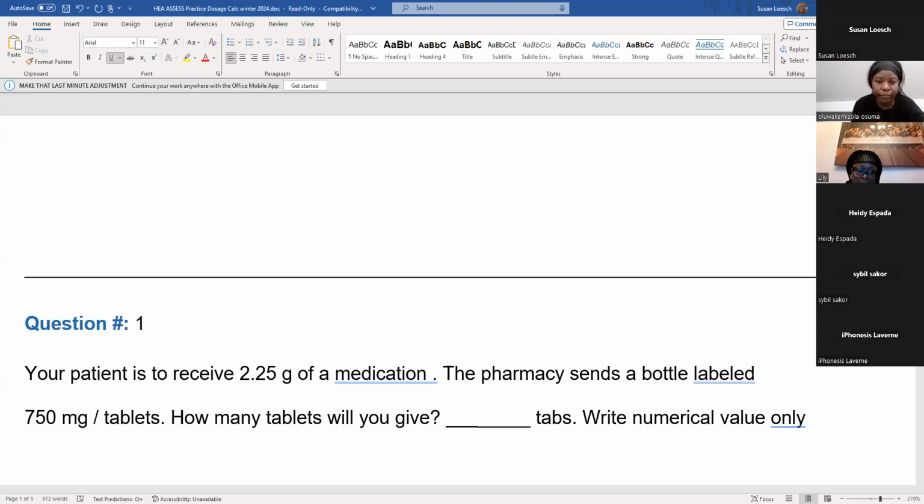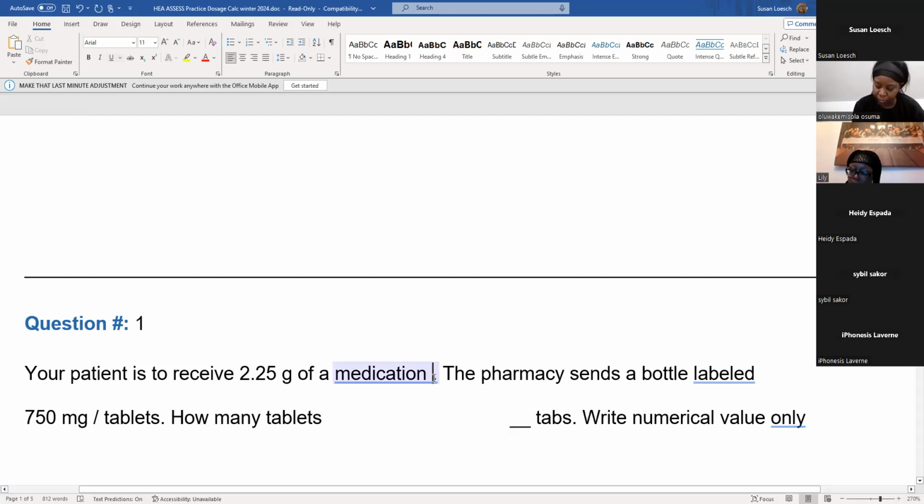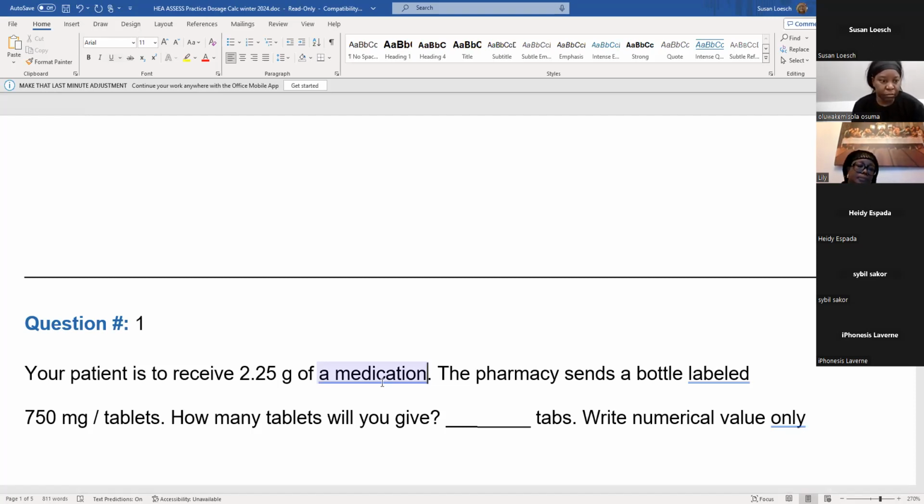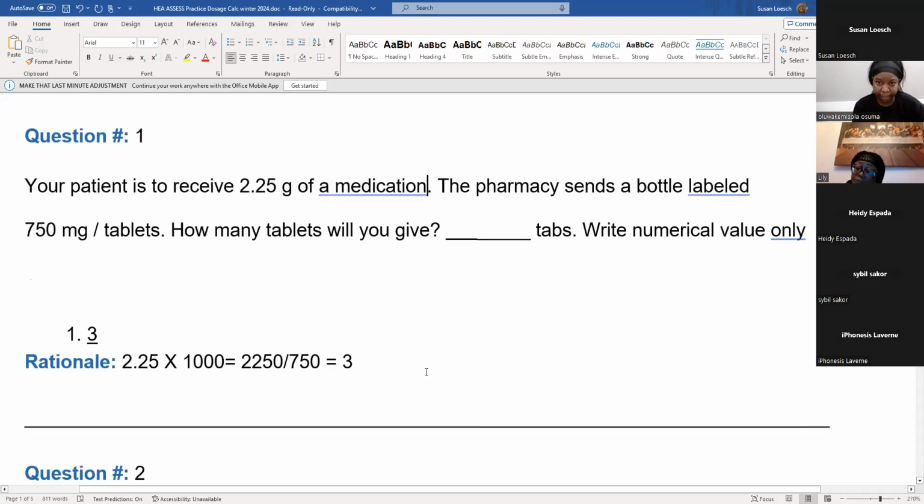What did we get? Three? Yes. Okay, good.